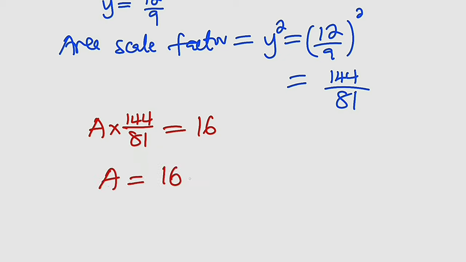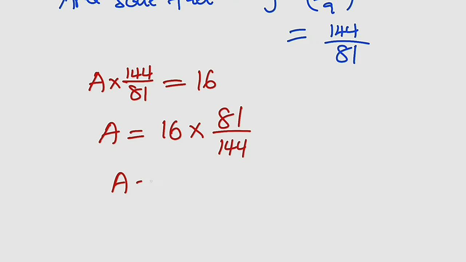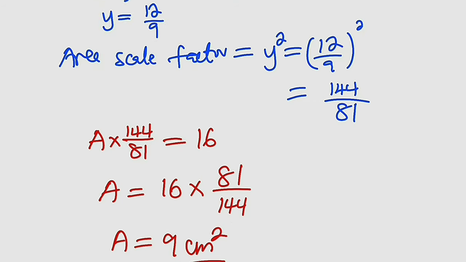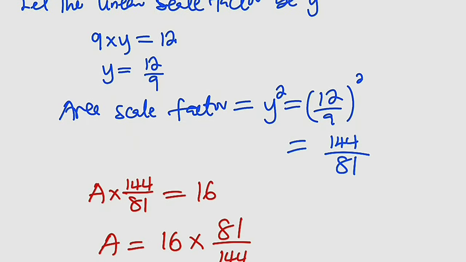A is equal to 16 multiplied by the reciprocal of this, which is 81 divided by 144. So just take your calculator, take this value, multiply by this, then you divide the result by 144. That will give us 9 exactly. So A is equal to 9 cm squared, and this is the area of that small figure to the top, which is right here. Now let us move on to question number 22.